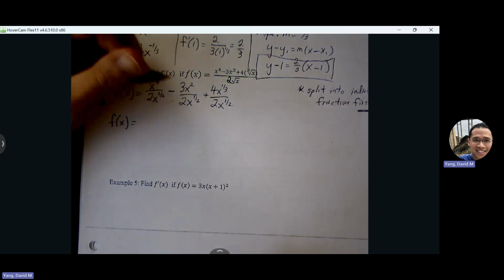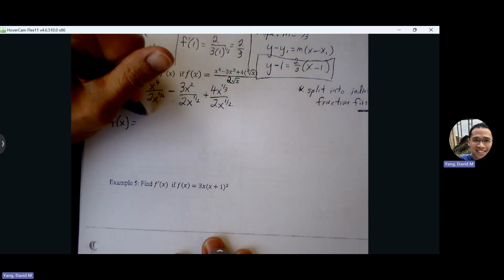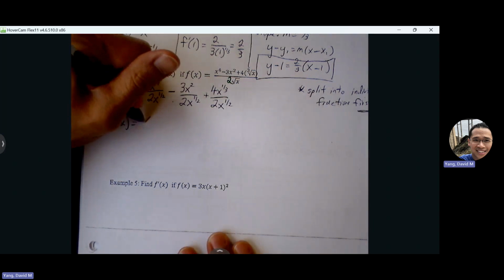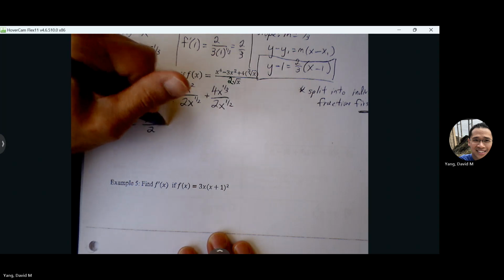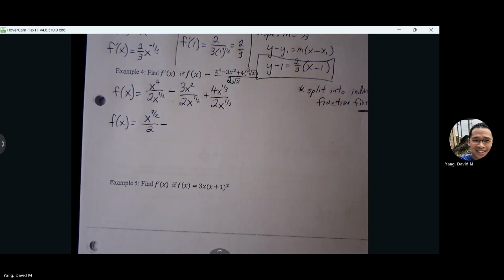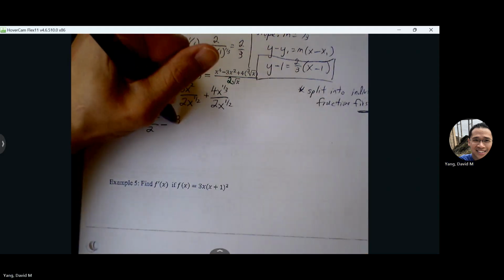So what's 4 minus 1/2? The same thing as 8/2 minus 1/2, which is 7/2. And then what's 2 minus 1/2? 3/2.